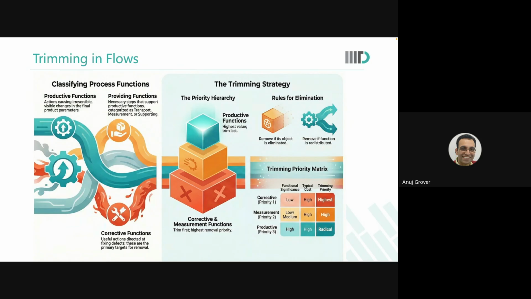So finally, your activity or function may have moved 10 steps up. But at one point of time, you can only trim one step up or one step down. Are you with me? Does this make sense until now? Any questions?